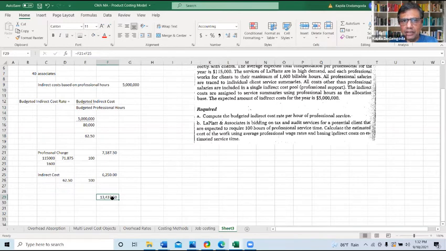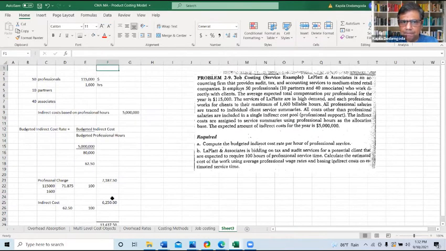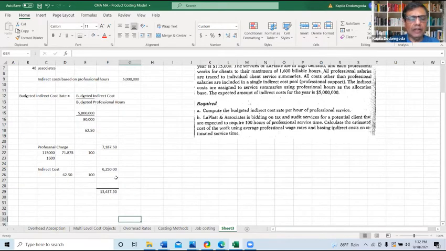If it is a per unit rate, then it will have to be based on the number of jobs they do. Exactly, number of jobs, because their job is a simple, straightforward job. What did they say? Their job is audit and tax services. So they do filing, right? So therefore, if that is the case, what would they do? They are not considering the number of hours here.